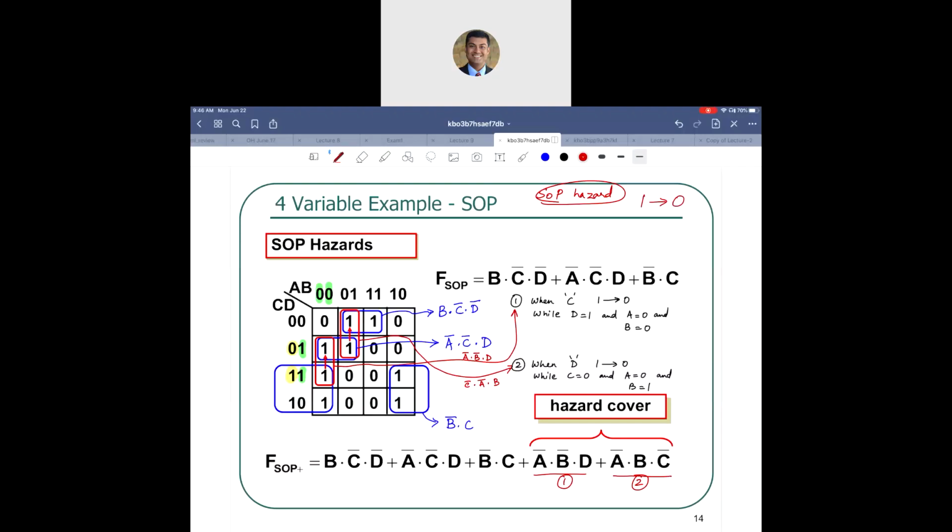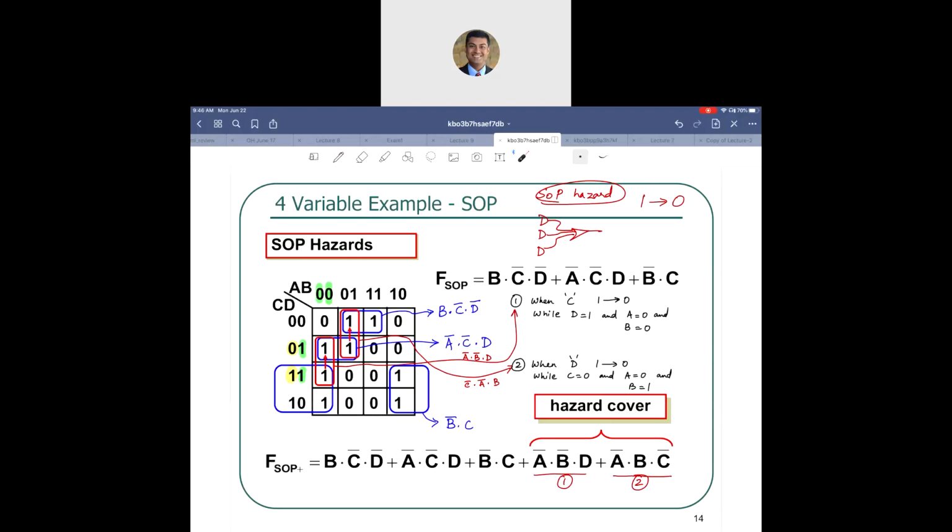Always. Why is that? The reason is that an SOP hazard has ANDs all feeding into an OR gate. When things are feeding into an OR gate, it is very easy to keep the output at 1, because all you need is for one of the inputs to be true and the output will be true.